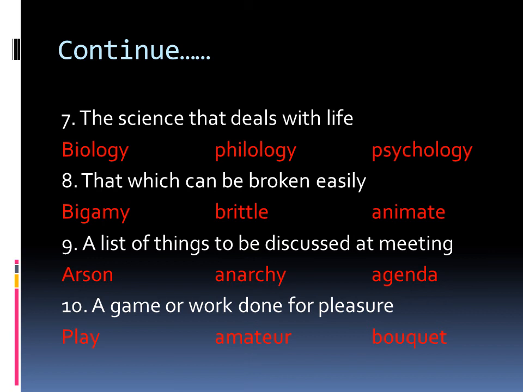A list of things to be discussed at a meeting. Agenda. Schedule. A game or work done for pleasure. Can it be play? No. The correct word is amateur. Amateur. Well done.